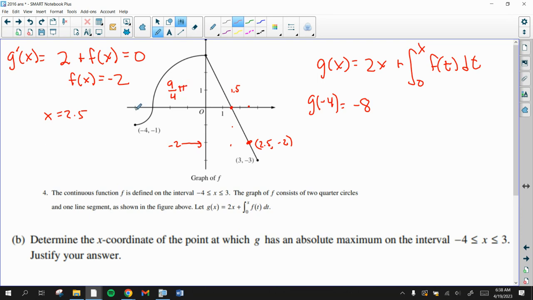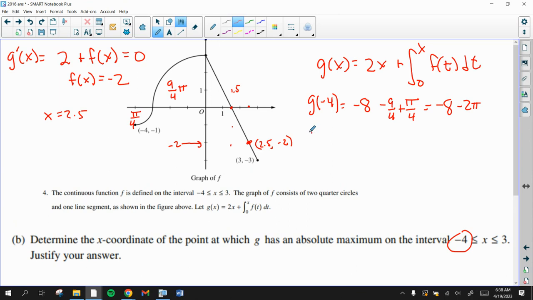And then this would be 1/4 pi r squared as well, but r is 1, so this would be just pi over 4. So this integral, since you're going from right to left, would be -9/4 pi plus pi over 4. So that's going to be -8 minus 2 pi. That takes care of that endpoint.